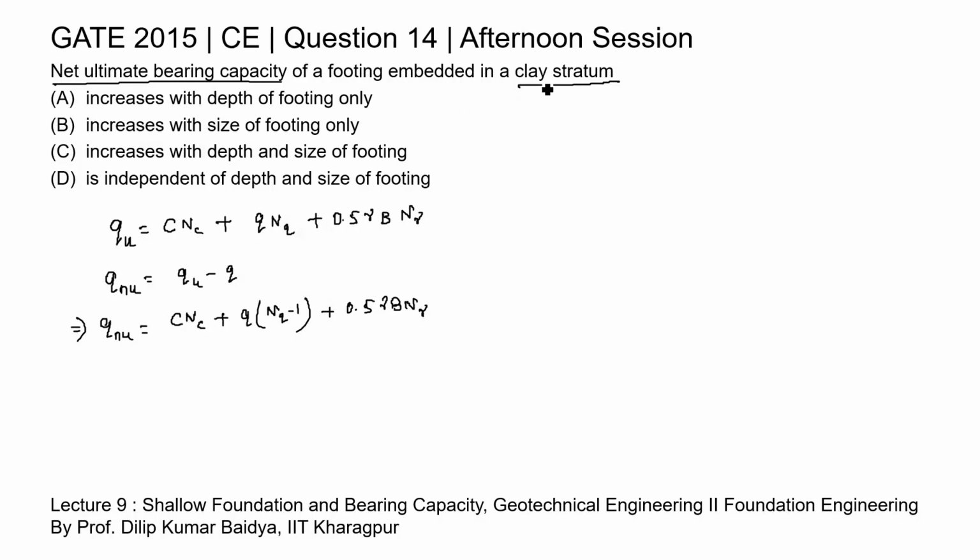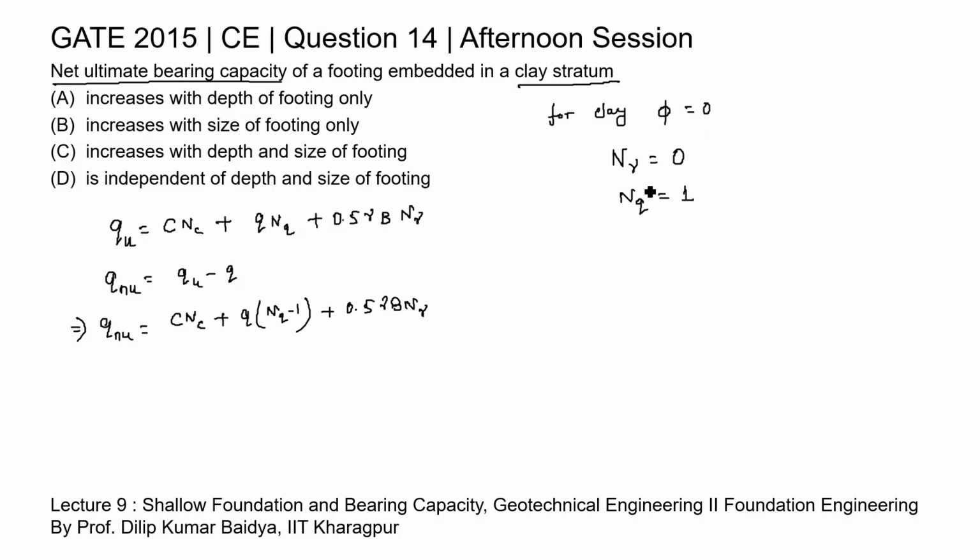Also, in the question it is given that the soil is clay. So, for clay soil we consider φ as 0. When φ equals 0, the value of Nγ is 0 and the value of Nq is taken as 1.